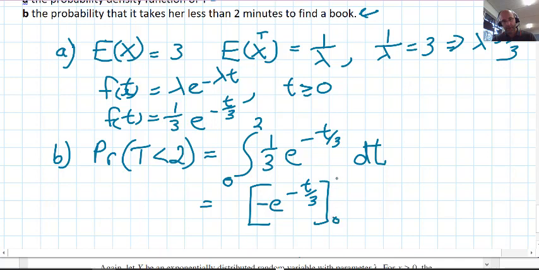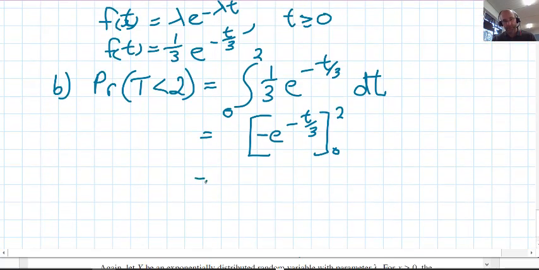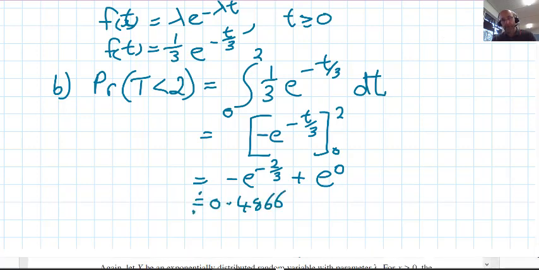Note the limits. Substitute. And we've got negative 2/3 there, and minus negative makes a plus. And we've got 0 there. That comes out to approximately 0.4866.